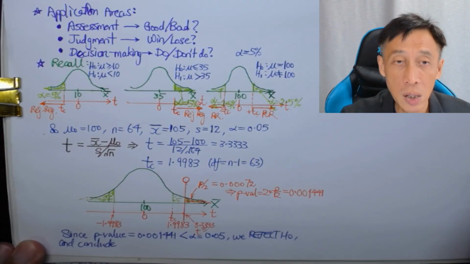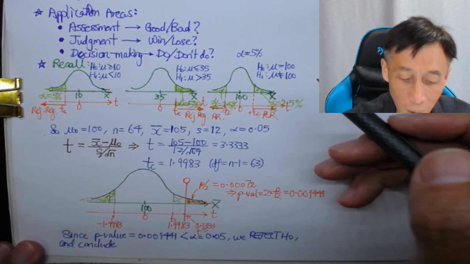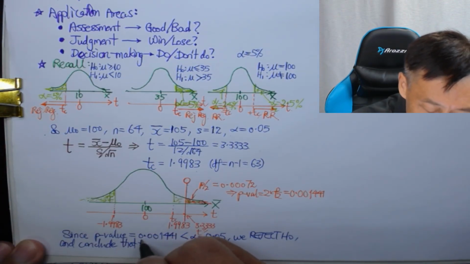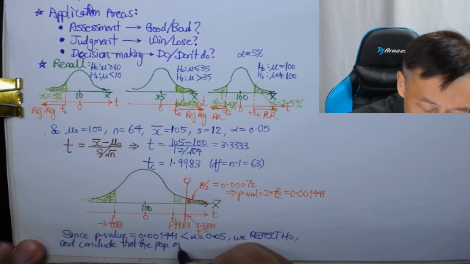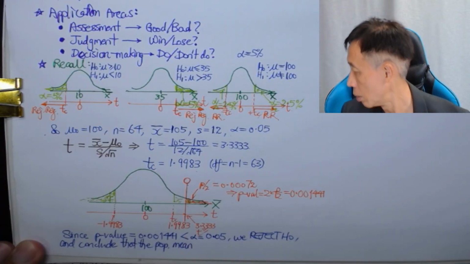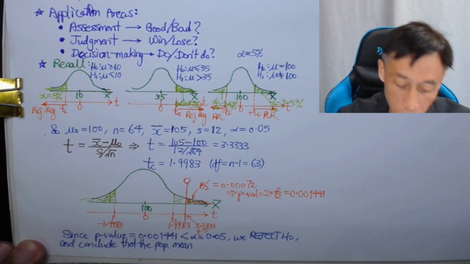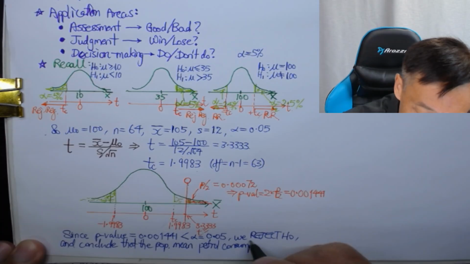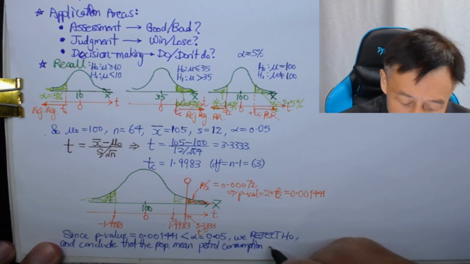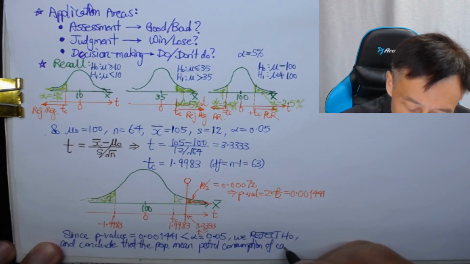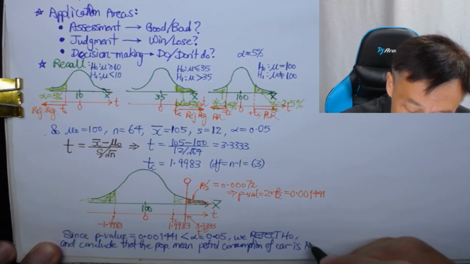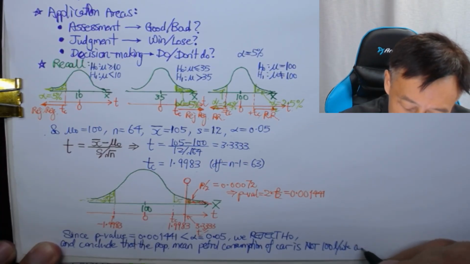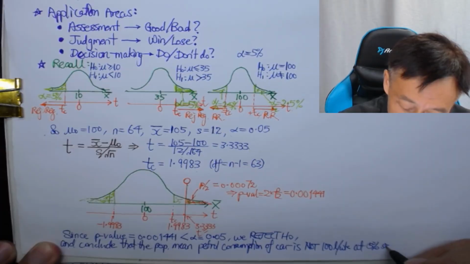the statement made by H1, the one that hasn't been rejected. So conclude that the population mean petrol consumption for the car is not 100 liters per week at 5% significance level.